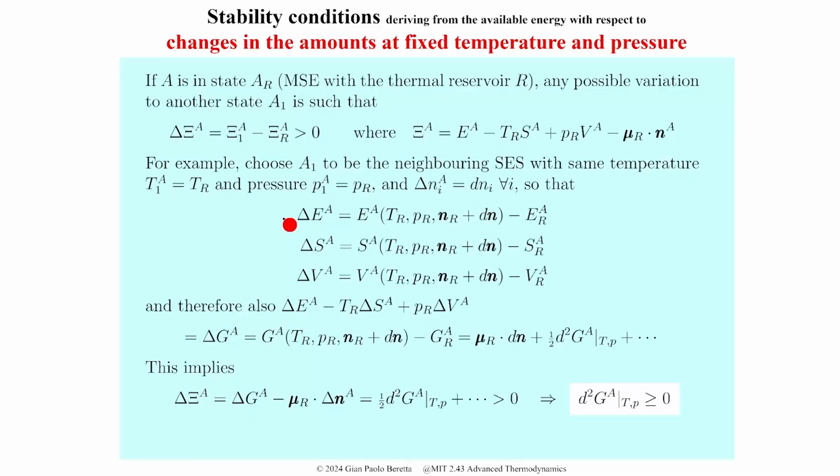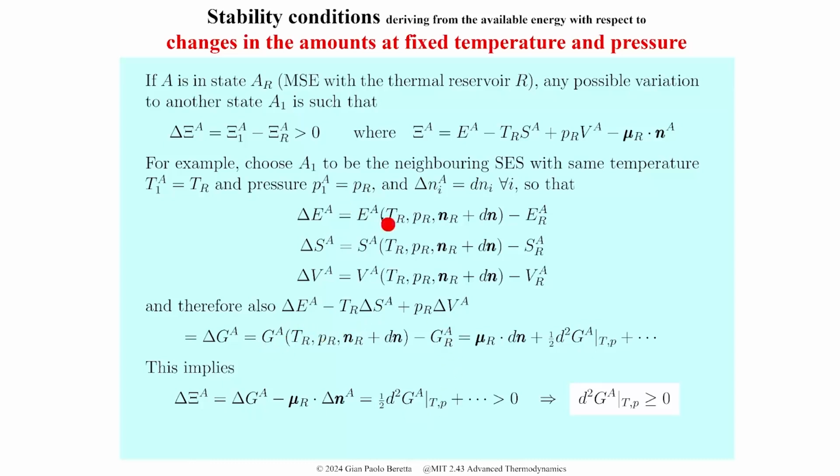If you do that and move along the stable equilibrium state surface, constant temperature and pressure, the condition that delta of this Euler availability function must increase along that path turns out to be that the change in this variable psi is equal to the second differential of the Gibbs free energy.